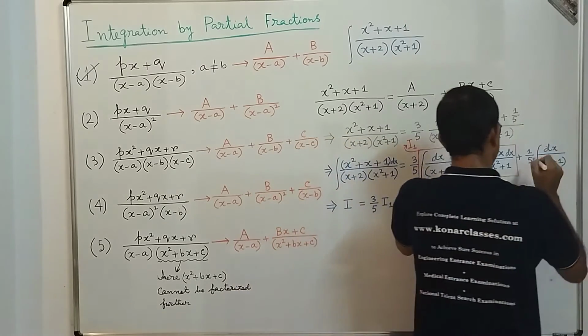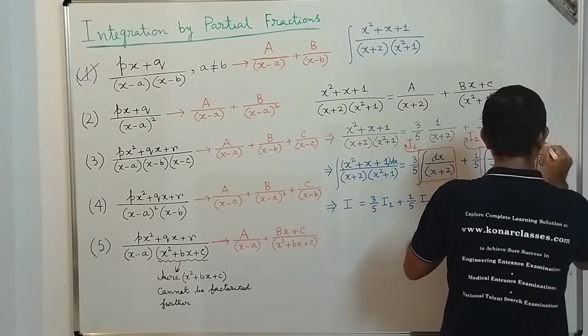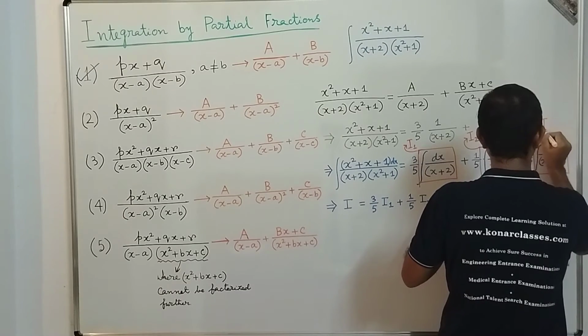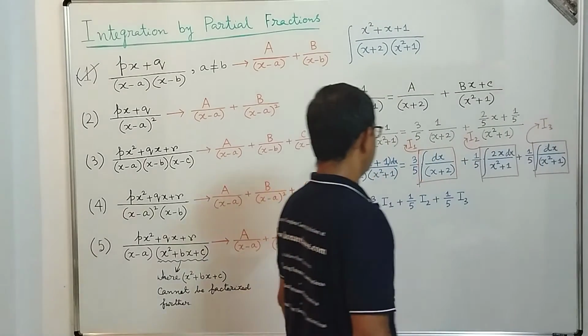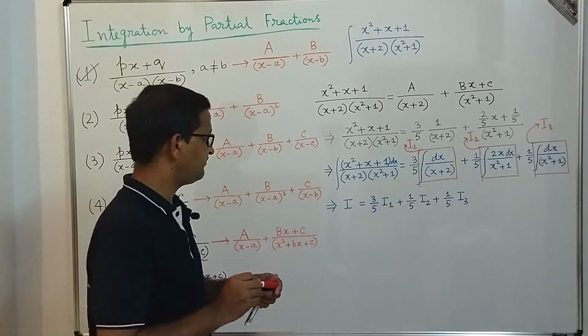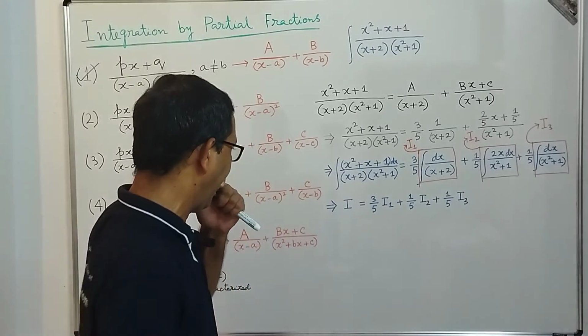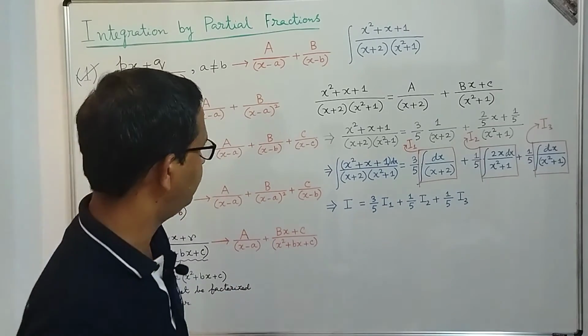And the integration of dx by x square plus 1 is I3. Correct? So now let's concentrate on finding the values of I1, I2, I3, and finally we will apply the values there.